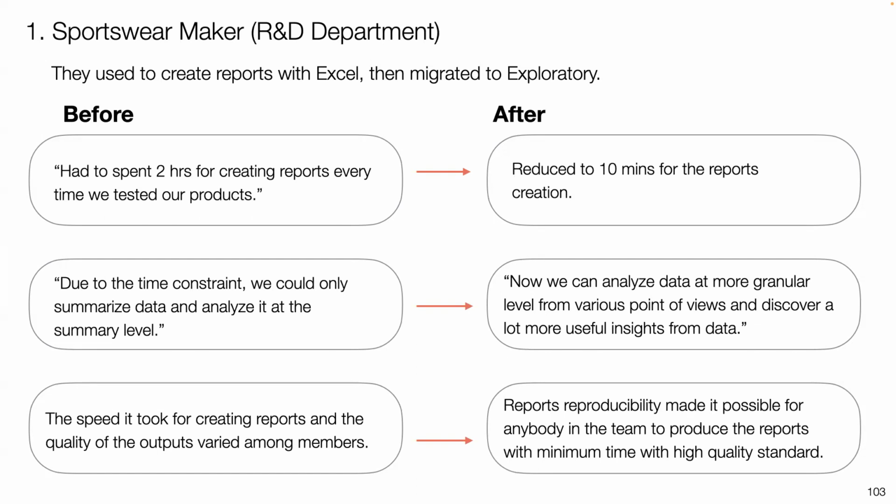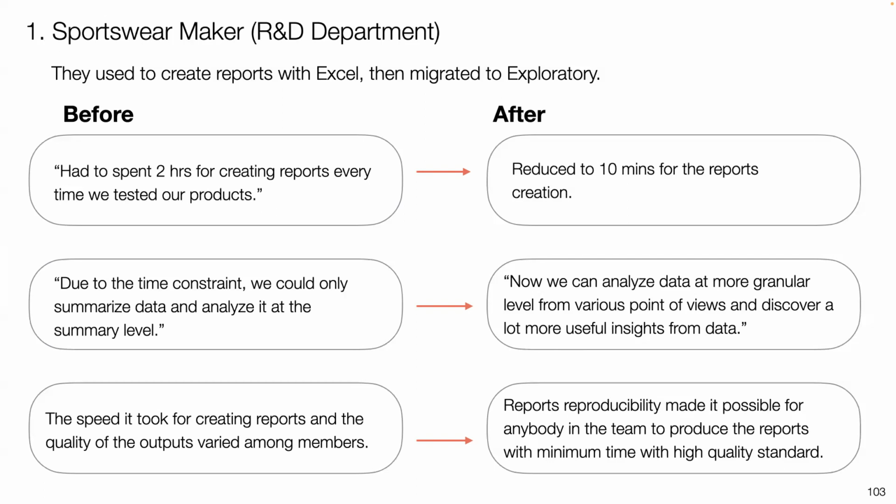So before, they had to spend 2 hours creating reports every time they did product testing, and that happens almost daily. Now they have to spend only 10 minutes for the report creation. So that's a maximum reduction of time and labor. And before, due to the time constraints, they could only summarize the data, right?